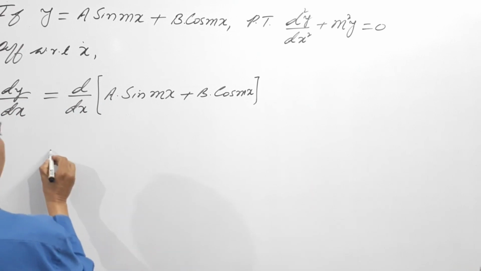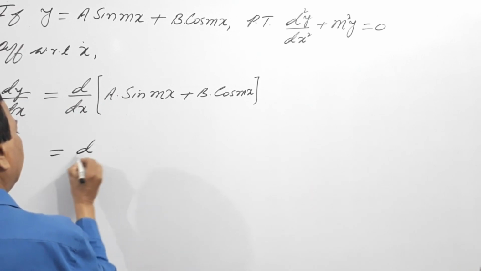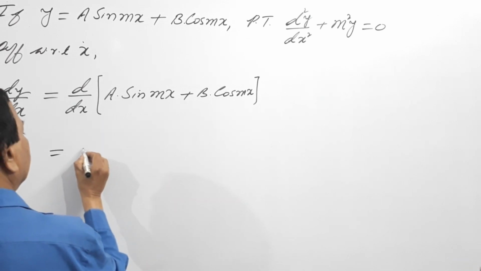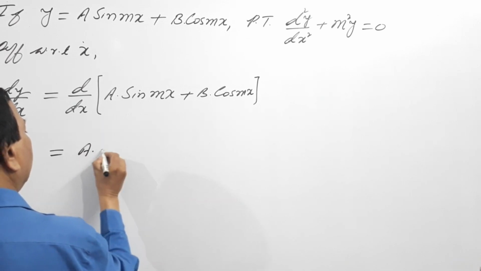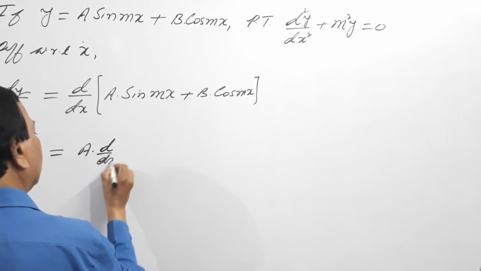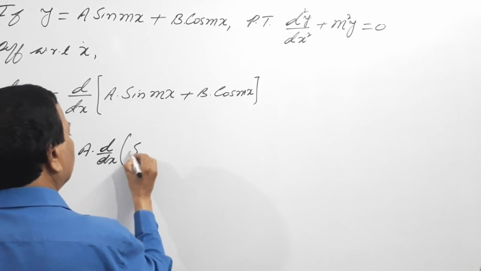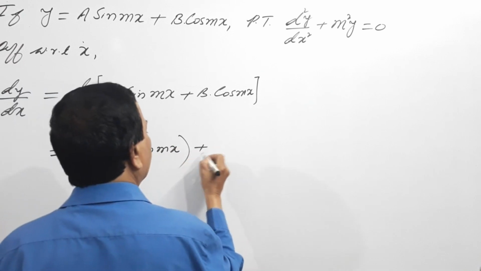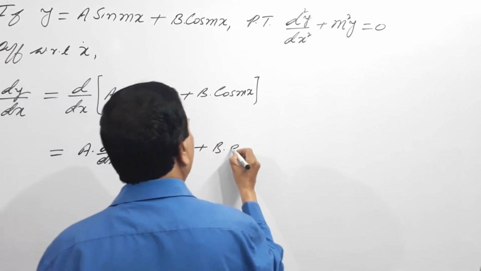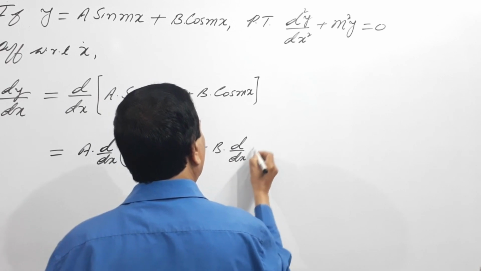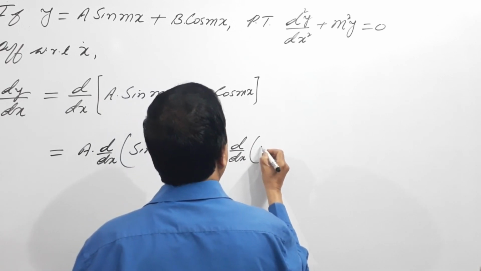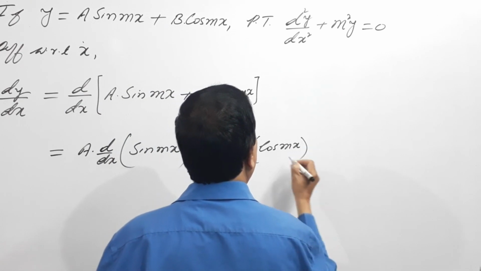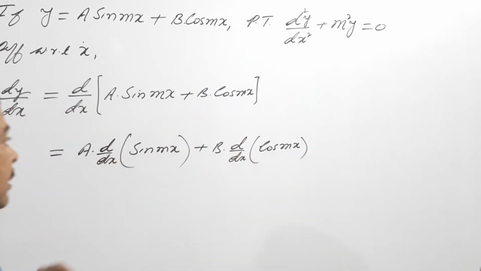I will take this a outside: this equals a into d by dx of sin mx plus b into d by dx of cos mx. What happens here?